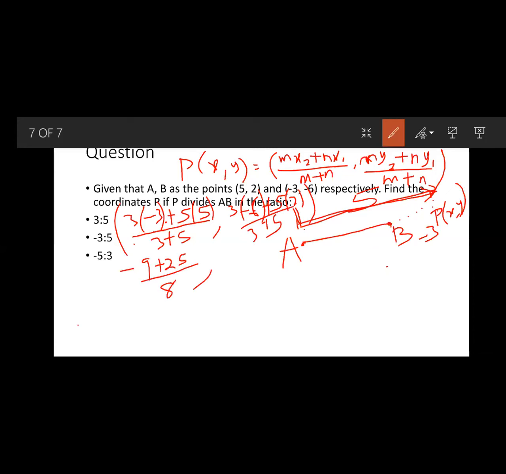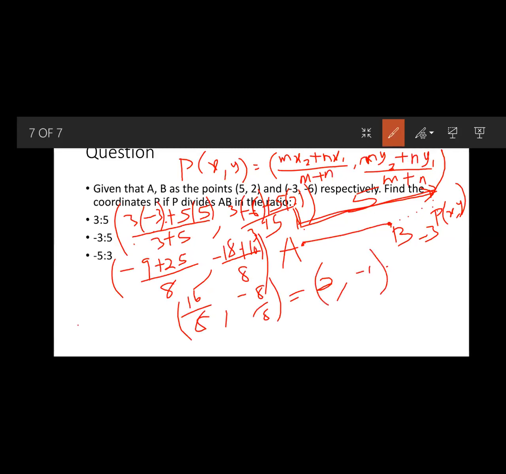That's 3 times 6, minus 18 plus 10, divided by 8. So this one will give us 16 over 8, this one will give us minus 8 over 8. So 16 over 8 will give us 2. This one will give us minus 1.